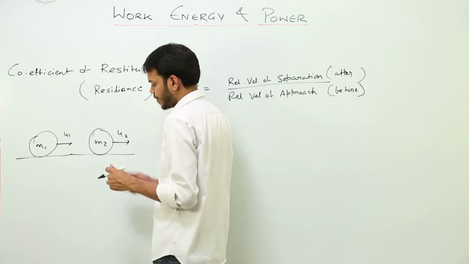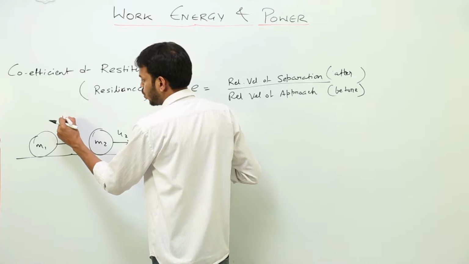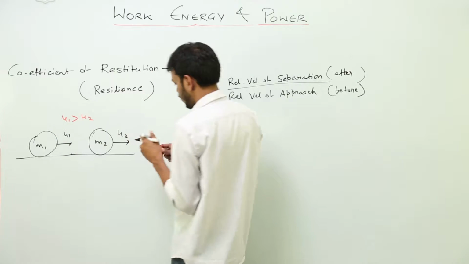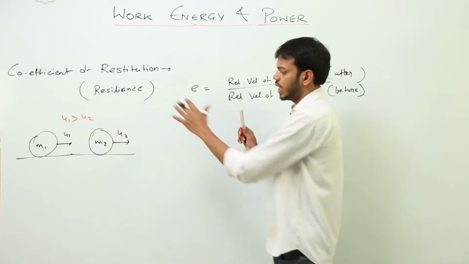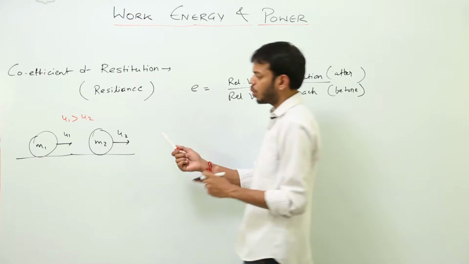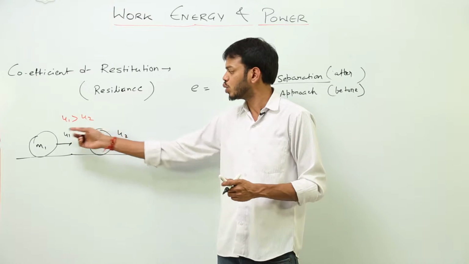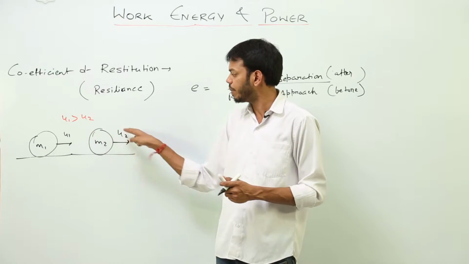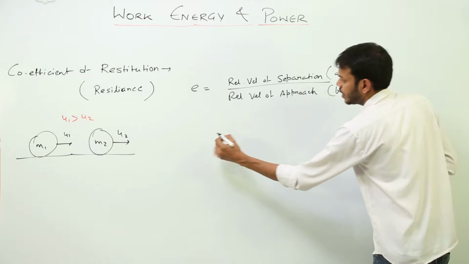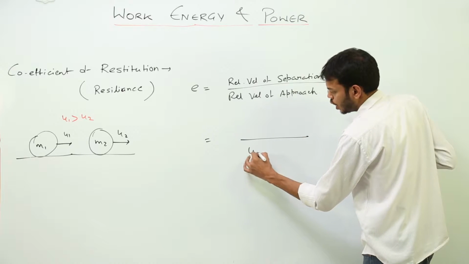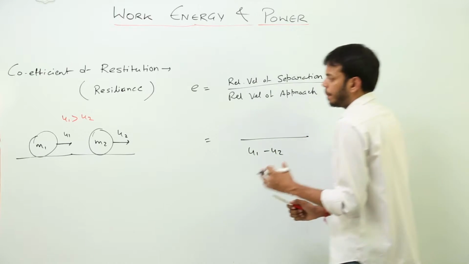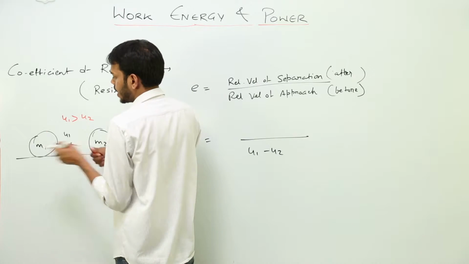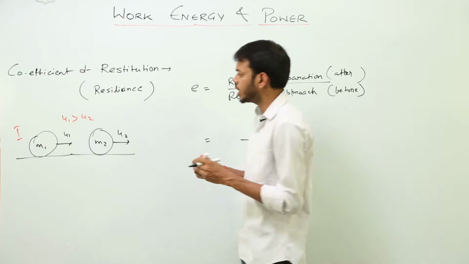We have supposed that initial velocity u1 is greater than u2. So that makes the relative velocity of approach u1 minus u2. This is the initial case, before collision.